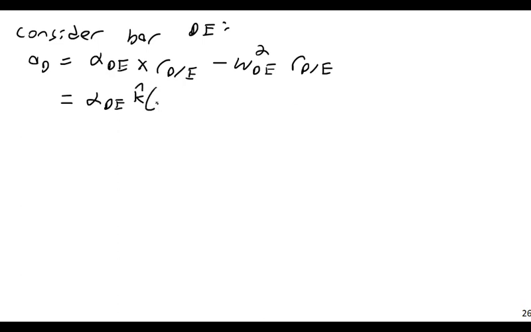The vector from E to D is negative 11i plus 3j.